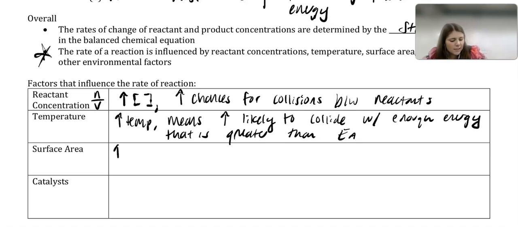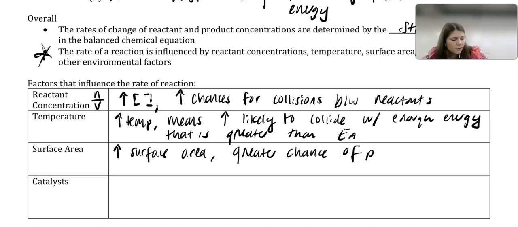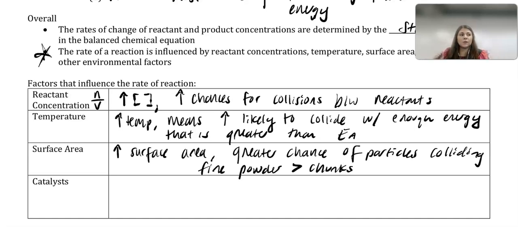Surface area. An increase of surface area gives us a greater chance of particles colliding. So here, a fine powder is a better choice than chunks of that same material.